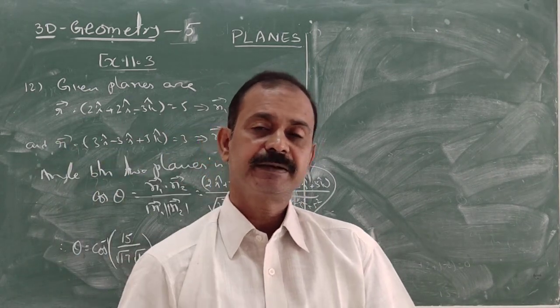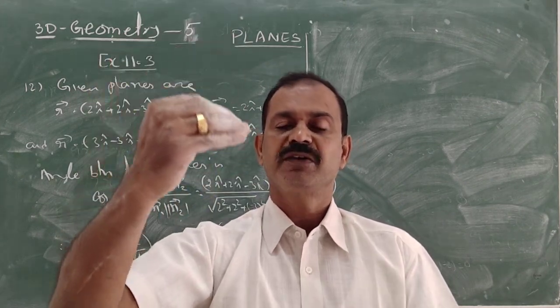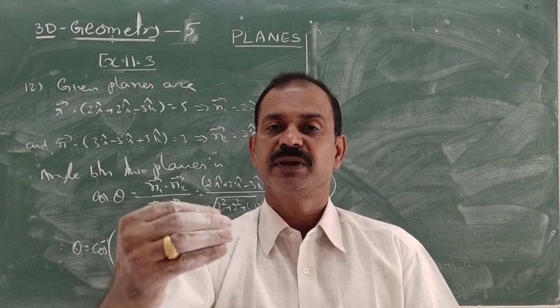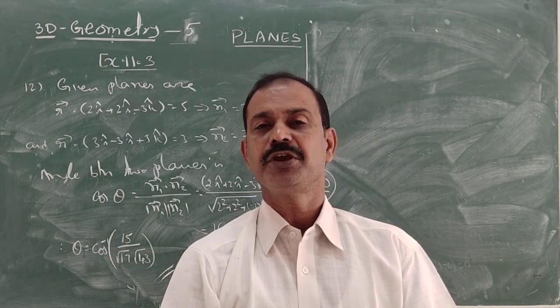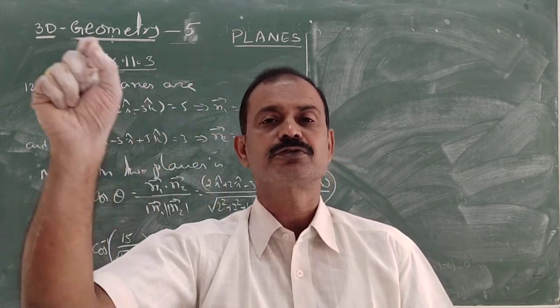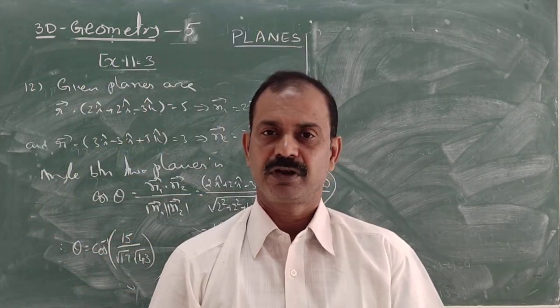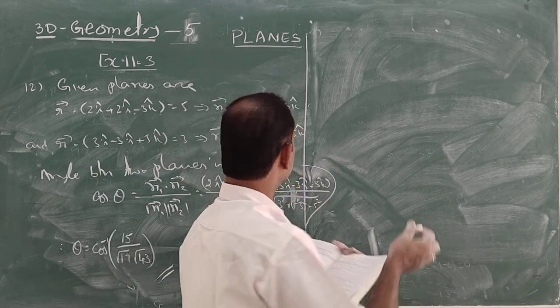How do you check? Parallel: A1 by A2 is equal to B1 by B2 is equal to C1 by C2, then they are parallel. A1 into A2 plus B1 into B2 plus C1 into C2 is equal to 0, they are perpendicular. Otherwise, you have to find the angle between them.